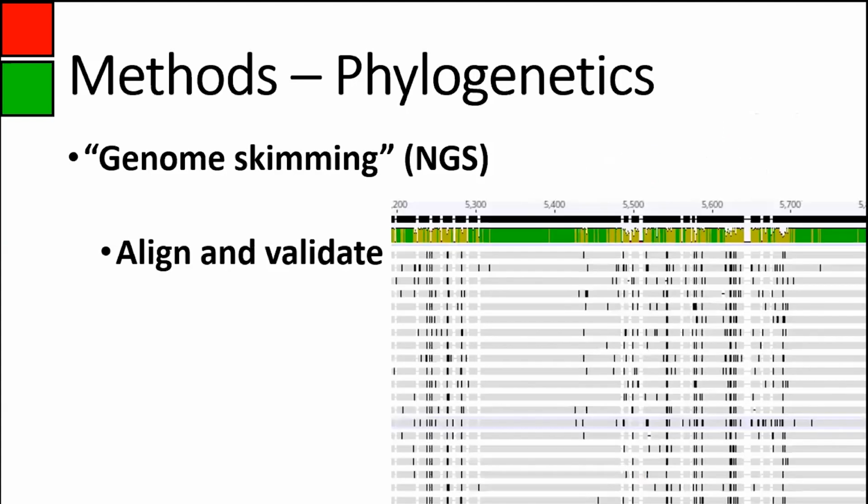So once we're happy with all of our annotations, and they look pretty good, we think, we then align all of these sequences, and these are really long. These range anywhere from 8,000 to 155,000 base pairs. And so we align, we go through, we sort of skim over all the data, and we look for odd spots.